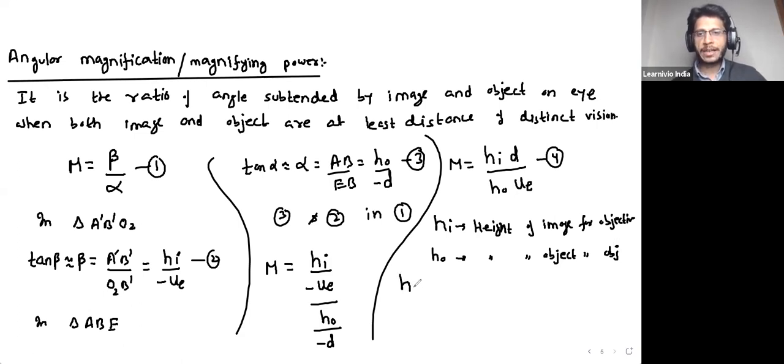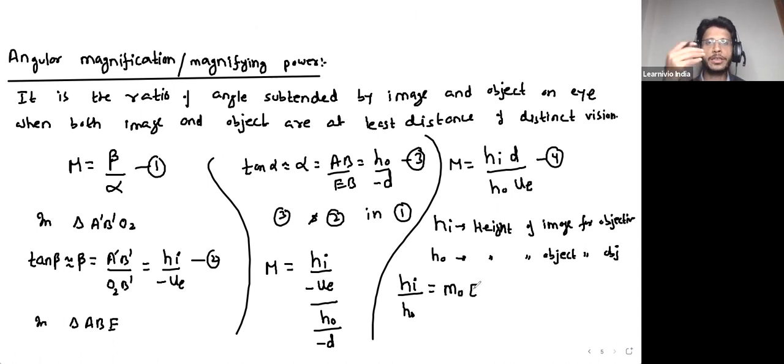So if I take the ratio of heights HI by H naught, height of image by height of object, what do we call this term? Yes, it's the magnification of the objective lens.